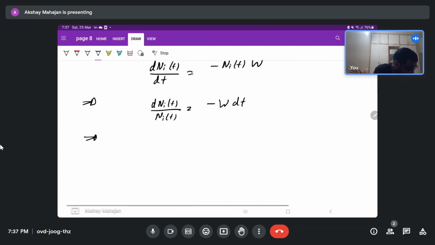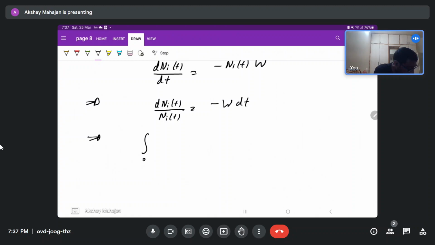Now we just have to integrate it, from 0, the time at which we applied the perturbation, to any time t. So dNi(t')/Ni(t') equals minus W dt' from 0 to t.